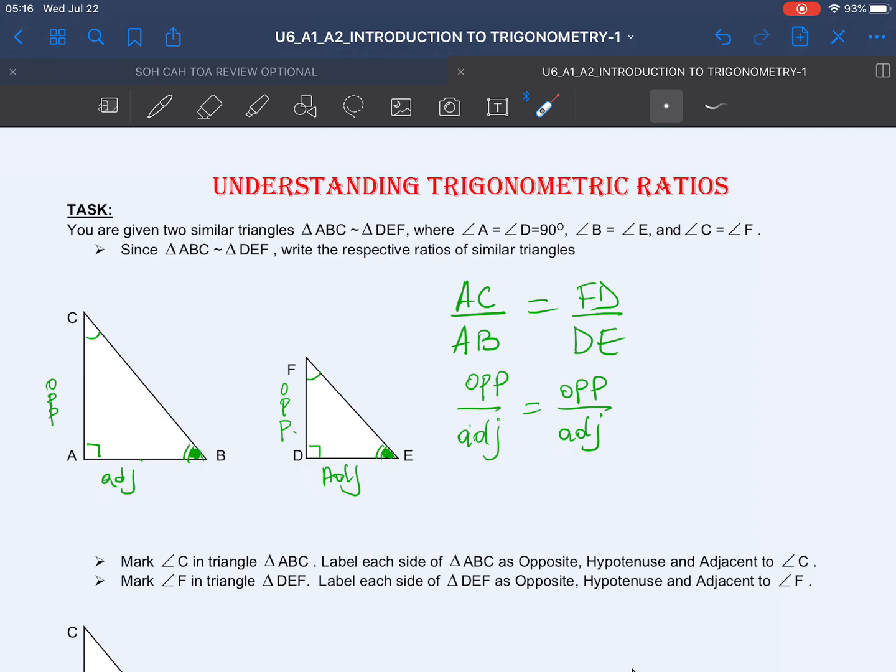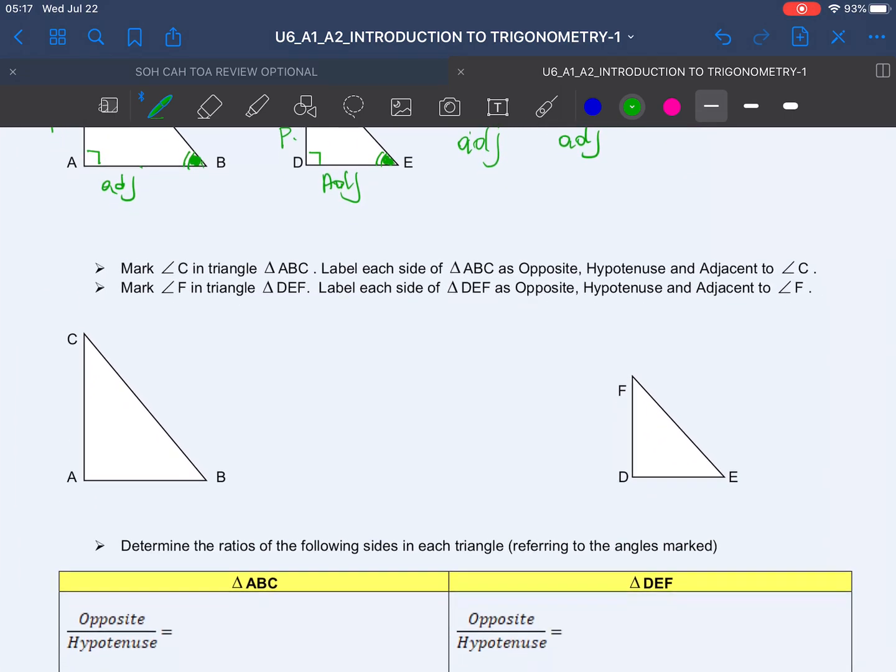So no matter how big a triangle we have with the angles B and E, the ratio opposite over adjacent will stay the same. And since here we found opposite over adjacent, remember O and A, that means that we are actually measuring the tan ratio. That's the TOA formula.